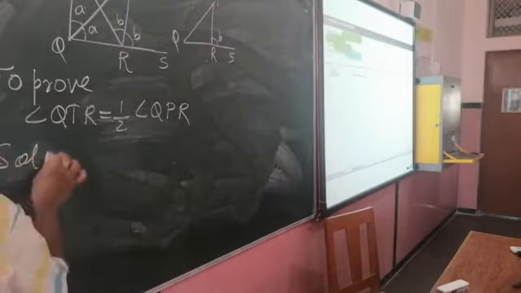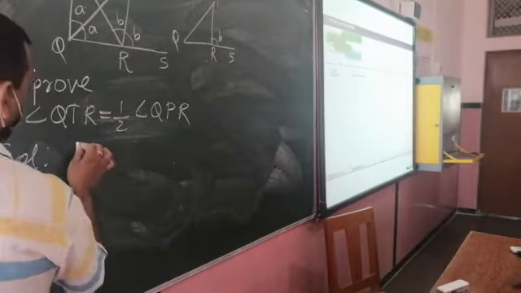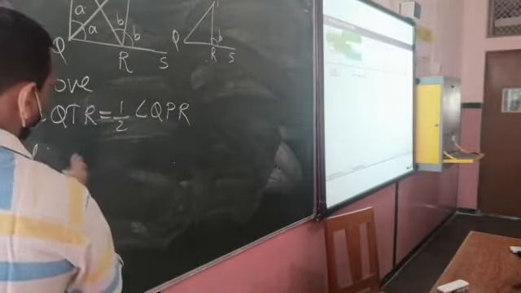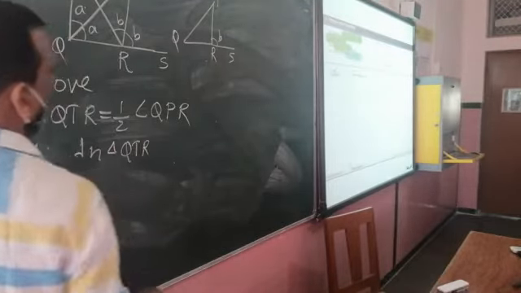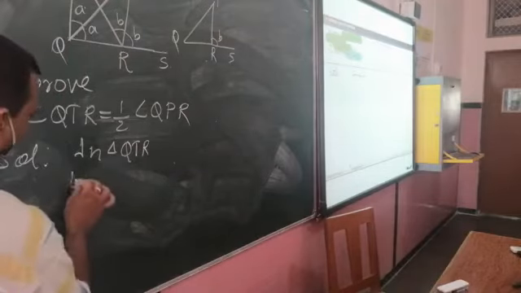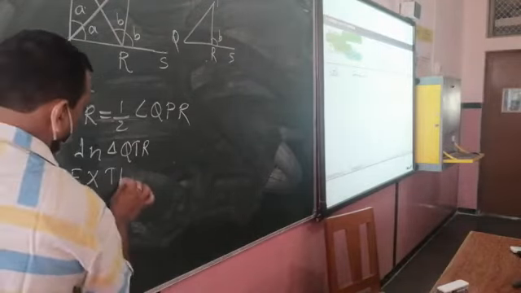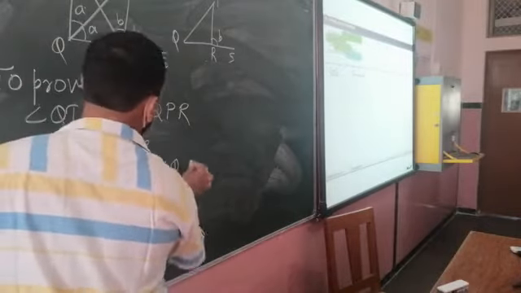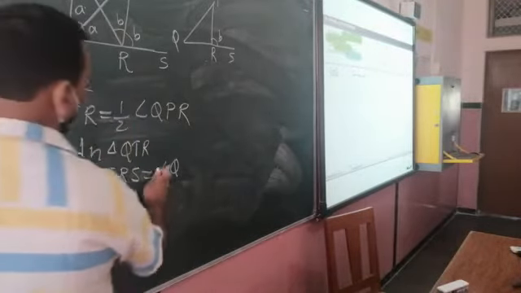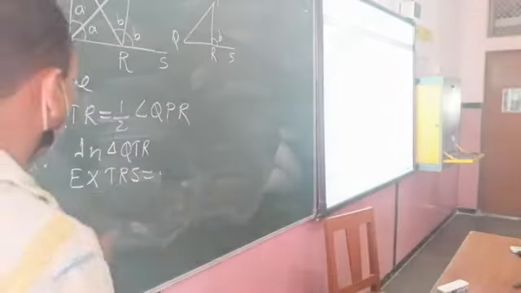Solution. First we have to mention a triangle. For this triangle we have taken the exterior angle. In triangle QTR, exterior angle PRS will be equal to angle QTR plus angle Q. Now let me see on the board.